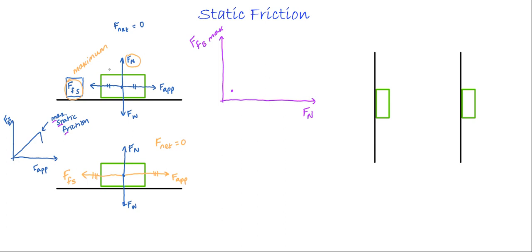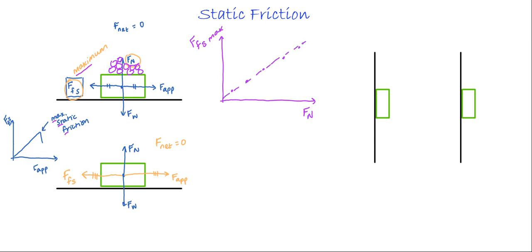What I did then was add more mass to the box and found the new maximum value that could be achieved and plotted that point. We continued adding more mass to the box, which of course is going to increase this normal force value because we keep adding extra vectors pointing down, so the normal force keeps increasing, which means that you can have a new maximum static friction achievable for the greater amount. And we kept doing that, and we got a direct proportion, something that looked like this.